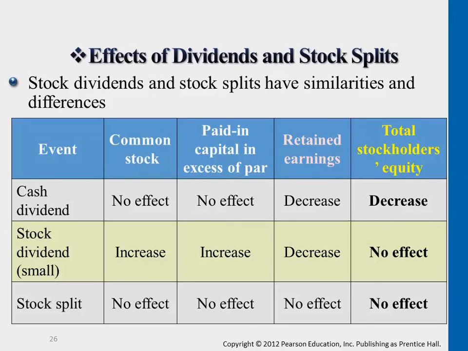Okay, so for small stock dividends, all three categories would be affected, but overall the total equity would stay the same, because we're using our own retained earnings to issue stock. For cash dividends, only retained earnings is decreased, and total equity decreases after giving out cash.